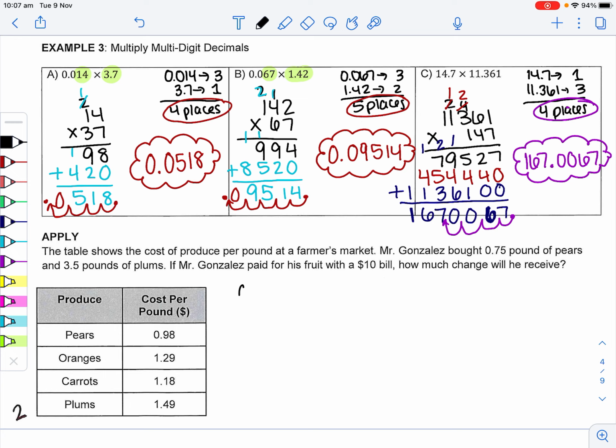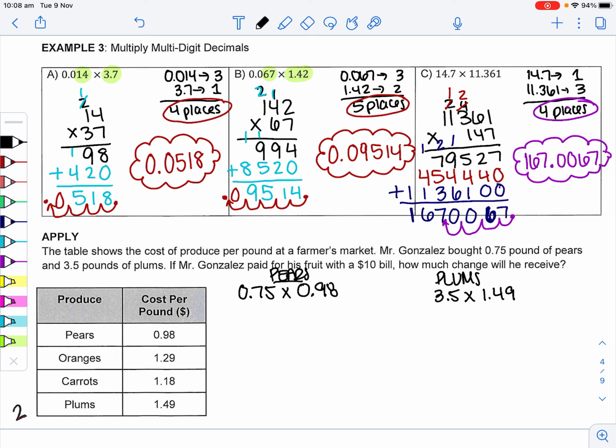So I'm going to have 0.75 times the pears, which were 98 cents. And then I'm going to have the plums, which is going to be 3.5 times 1.49.